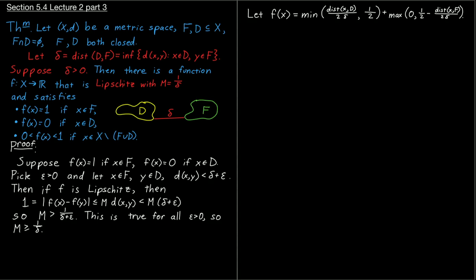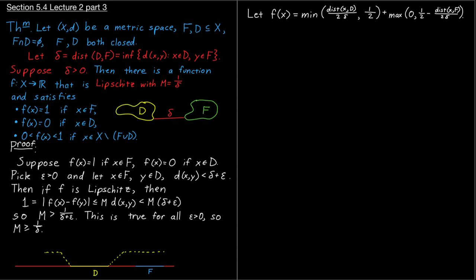Here's a picture of our f in the real numbers. There's our coordinate axes. Here is our region D, our region F. And then what we do is we start with this function. It's 0 in D. It builds up slowly until you get to 1/2, and then it's 1/2 after that. And then you have this function.